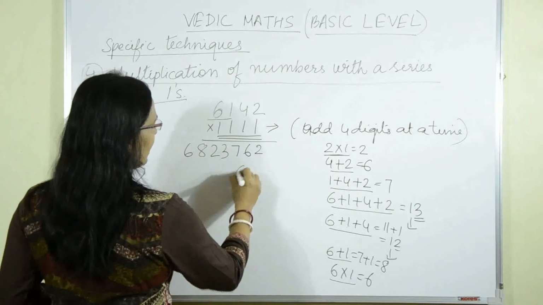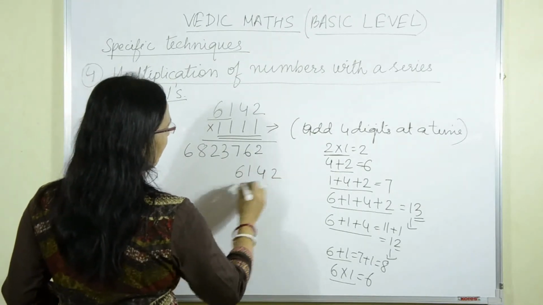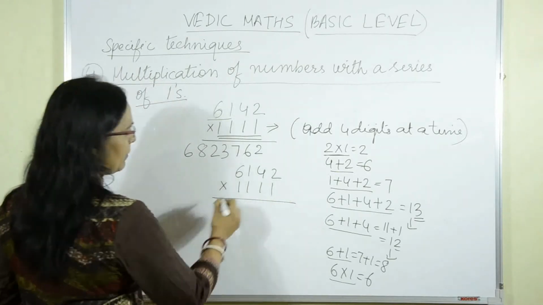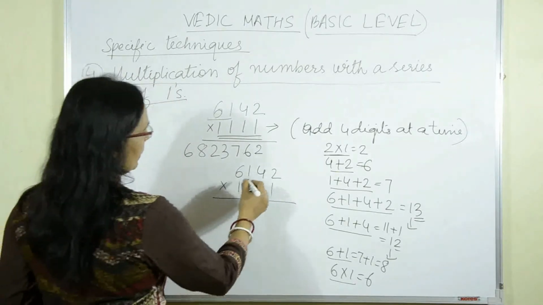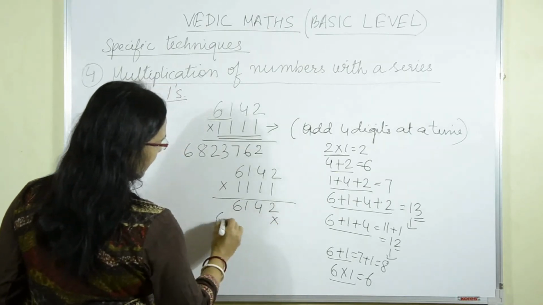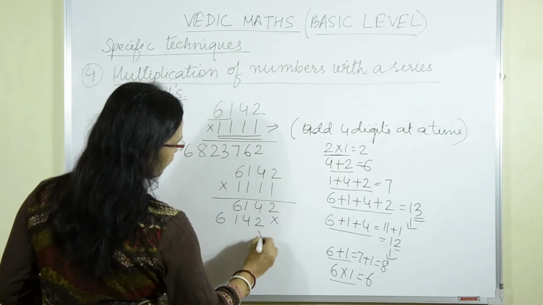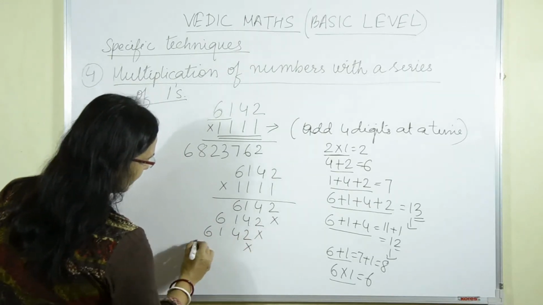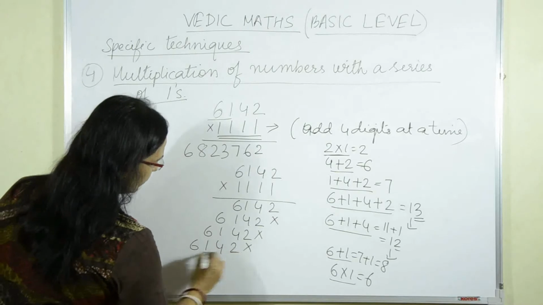Now let us check this answer in the general way of multiplication. 6, 1, 4, 2 multiplied by 1, 1, 1, 1. So it is 6, 1, 4, 2, and the next step is again 6, 1, 4, 2, and again, and the last one is again 6, 1, 4, 2.